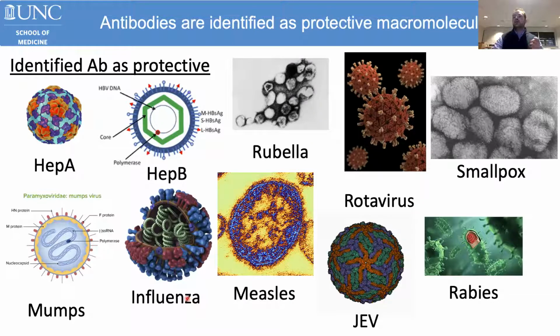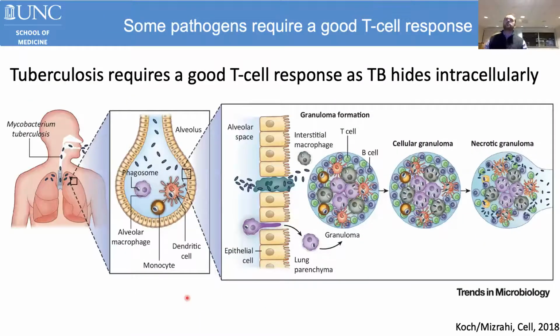And a lot of these unsolved pathogens require a good T cell response. One of the major problems across the globe is tuberculosis. Well, TB is an intracellular organism. It's hiding within cells. It's able to invade your lungs and then hide within different cells within the lungs and form these large granulomas. And it really requires a good T cell response to be able to clear this bacteria.